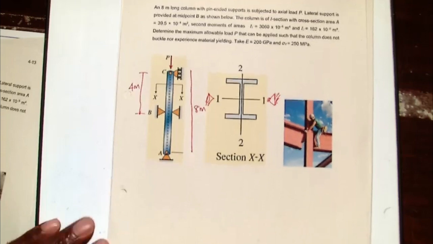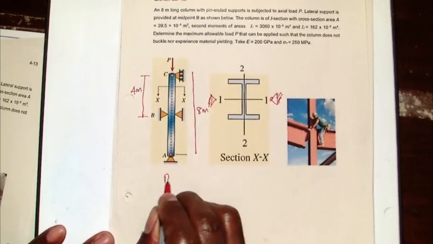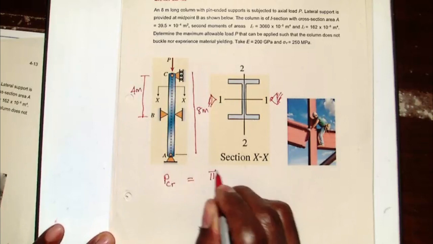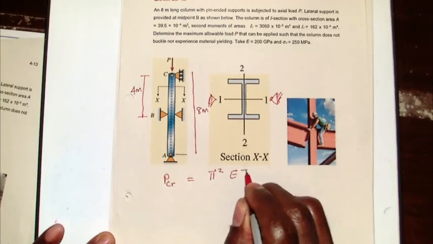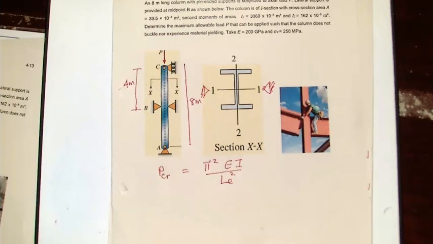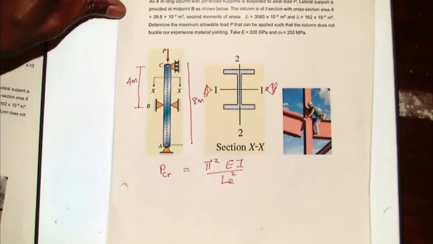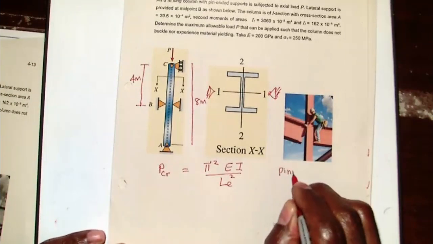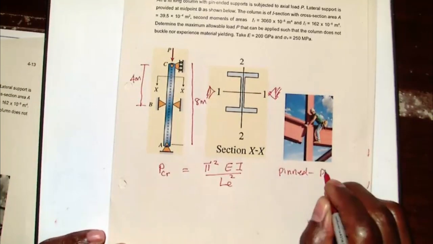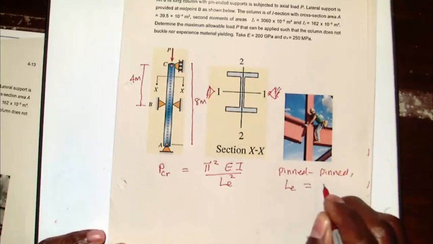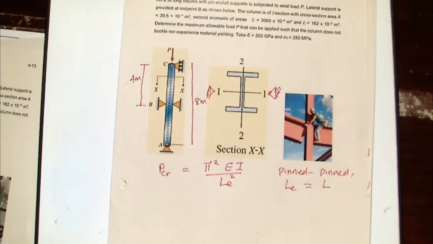So both ends are pinned. I'm going to start and write what is the critical load. Critical load is pi squared EI all over LE squared. We know that both ends are pinned, so therefore our effective length is the length of the structure.